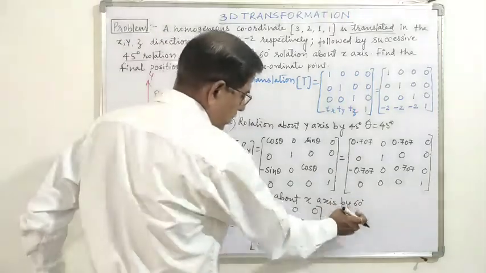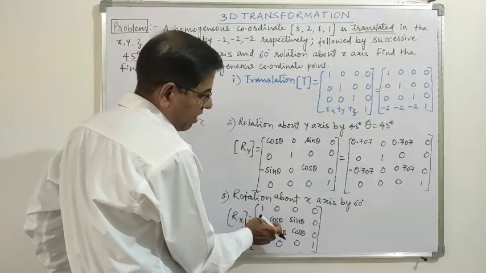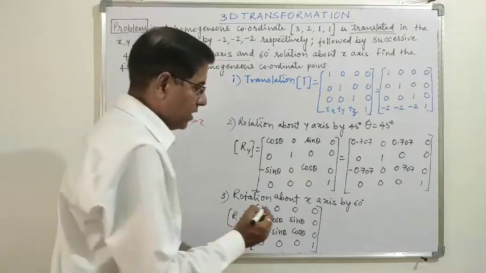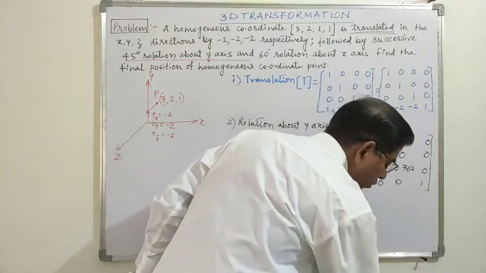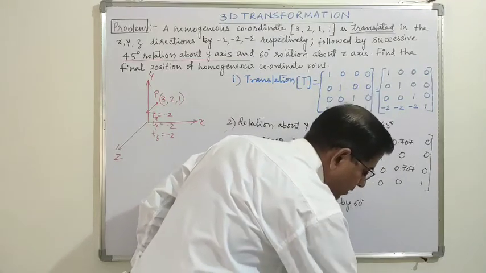So if you put the theta value as plus 60, then this matrix would look something like this.